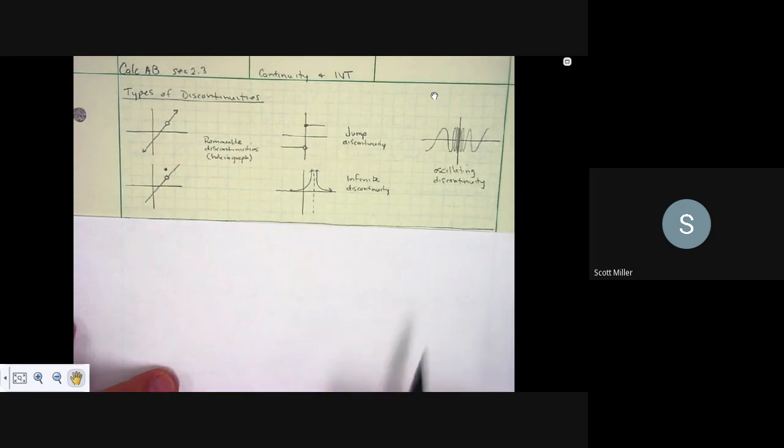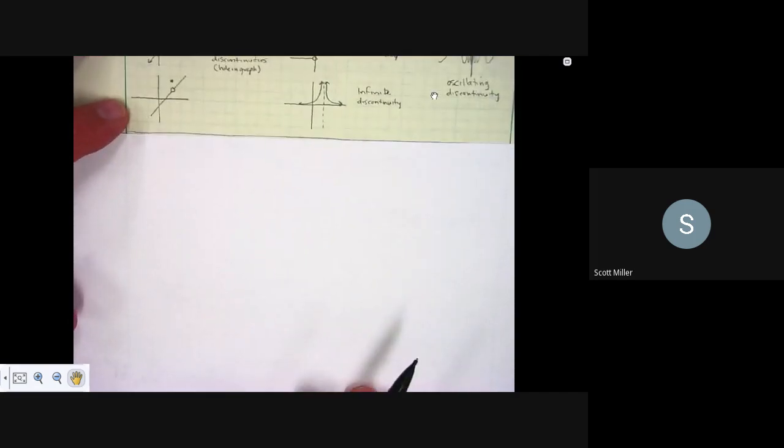So it's impossible for it to settle in on a single number, so the limit here would not exist. And this is called an oscillating discontinuity. So we want to be familiar with these types of discontinuities, so when we see them again, we'll know that they exist and we can identify them.